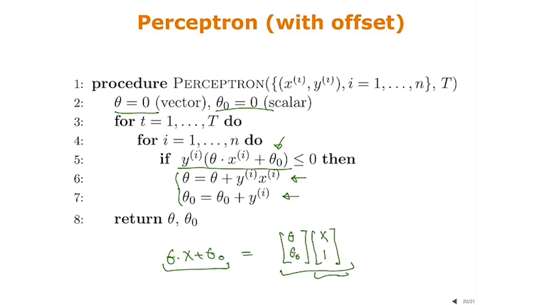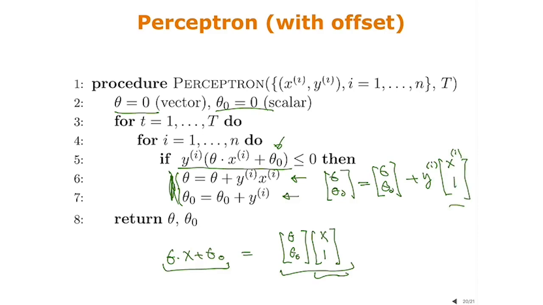So in this update equation, theta and theta naught are updated by taking the previous values for those parameters plus label times an example, exactly as before. Nothing is really different in terms of the update. It's just a direct generalization of the perceptron algorithm without offset.